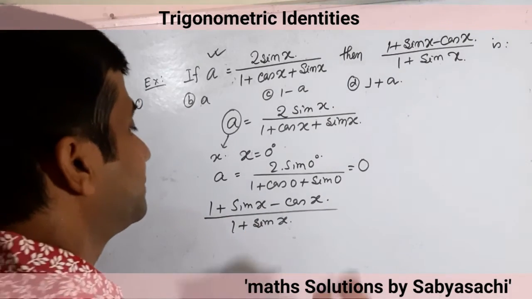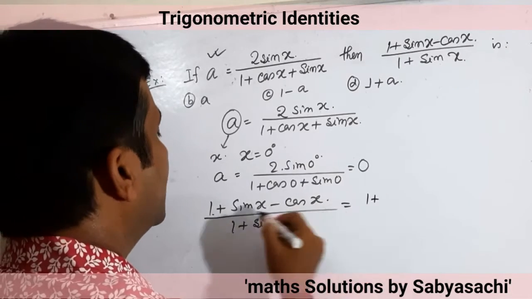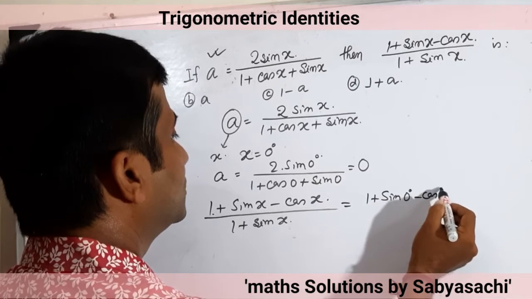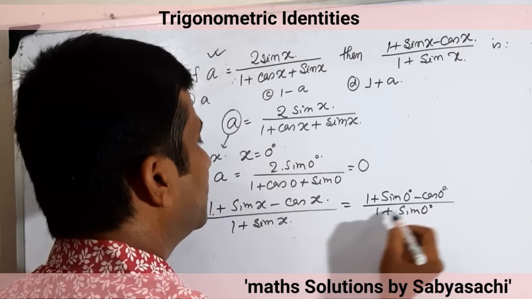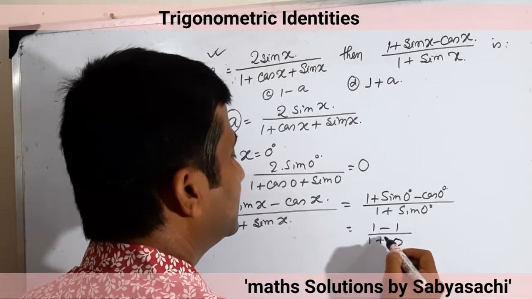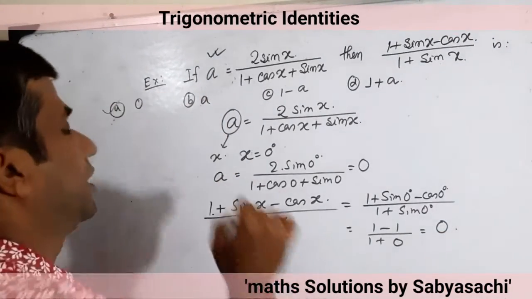Putting x is equal to 0 degree, 1 plus sin 0 minus cos 0 by 1 plus sin 0. That means 1 minus 1 by 1 plus 0, that means this is 0. Your answer is A.